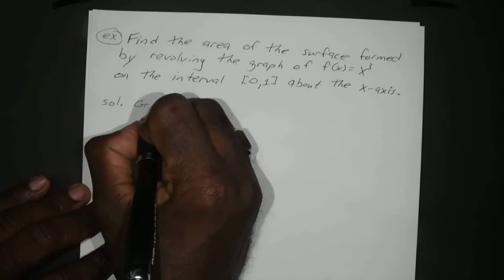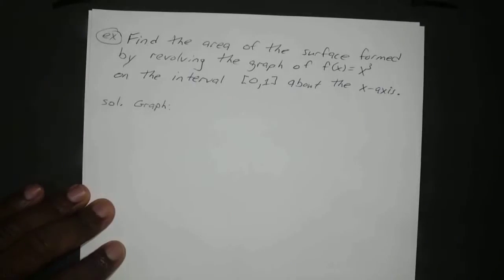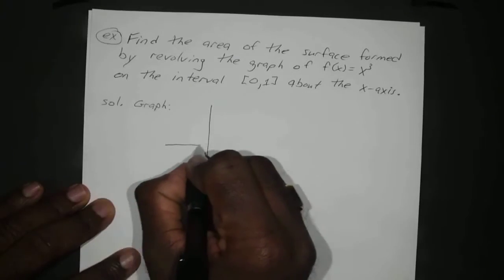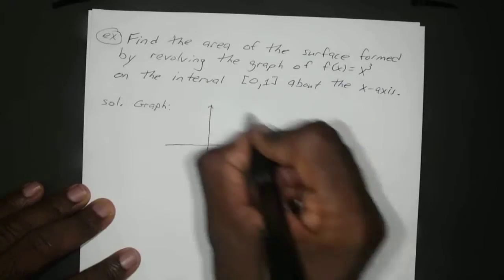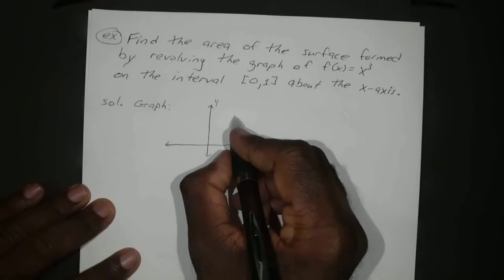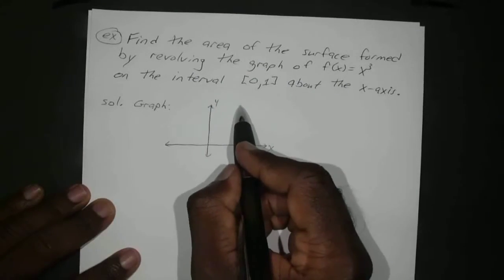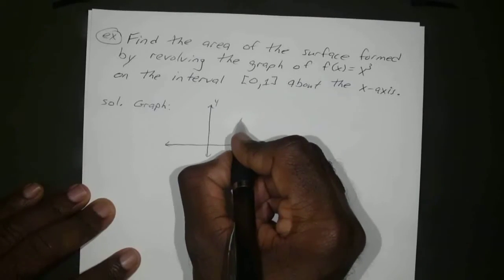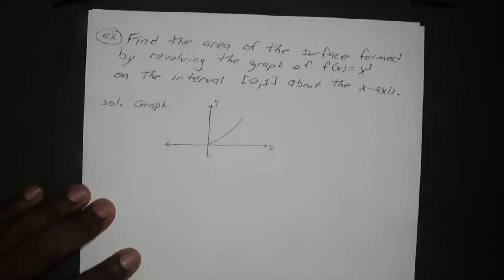Okay, so just so you can kind of visualize it, you have your x and you have your y. So we know the graph of x to the third kind of looks like that, but from 0 to 1, it looks more like that.